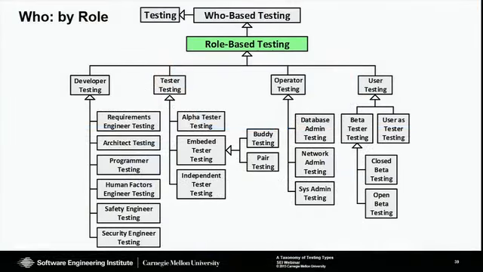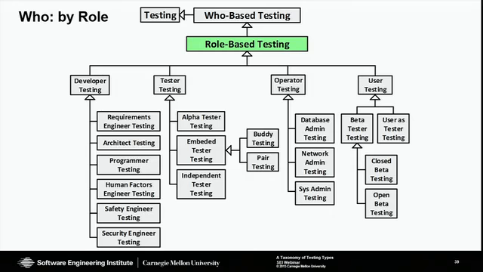So moving right along, here we go, right here on who's doing the testing. At the highest level, you can think of developers doing testing, testers doing testing, operators doing testing, and users doing testing. It's a very high level of decomposition. If you look at the developer side over here, the interesting thing you note is it's not just programmers testing their own code, doing unit testing.